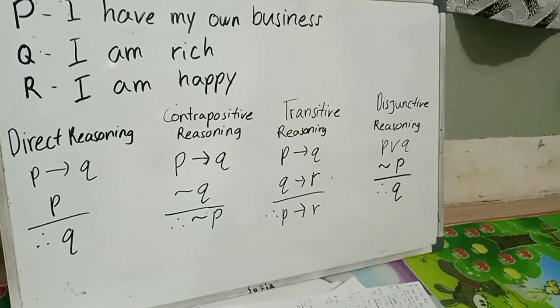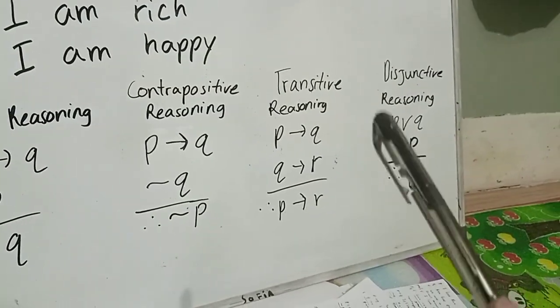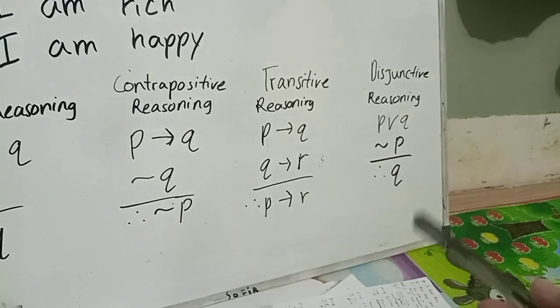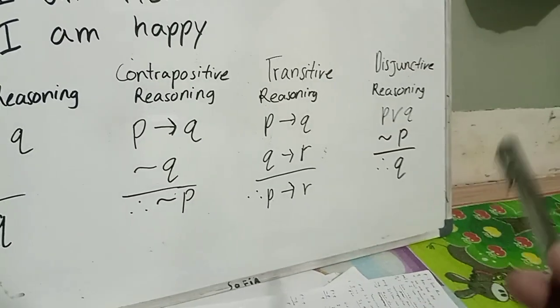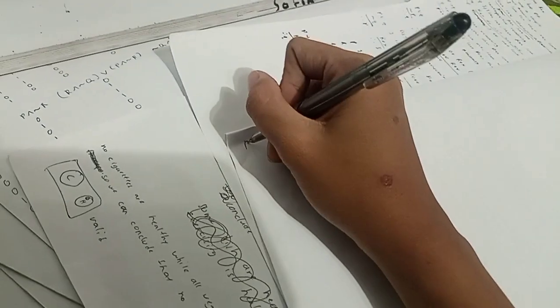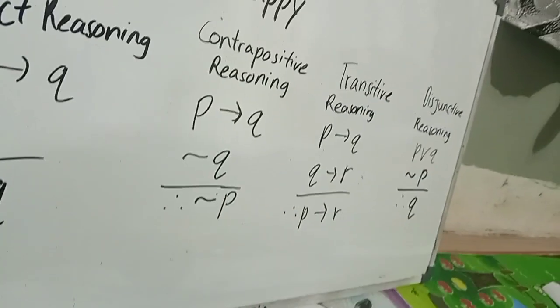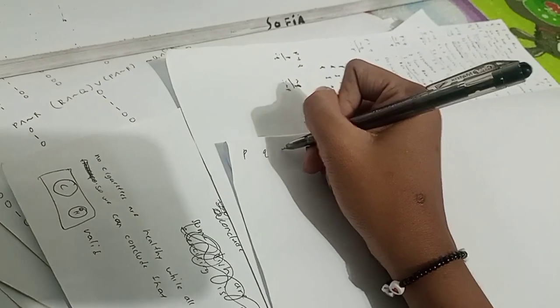Then the next one is the transitive reasoning. So if P then Q, if Q then R, therefore if P then R. We will write that in the table also. So we have three given variables, P, Q, and R, and we will write their constants.